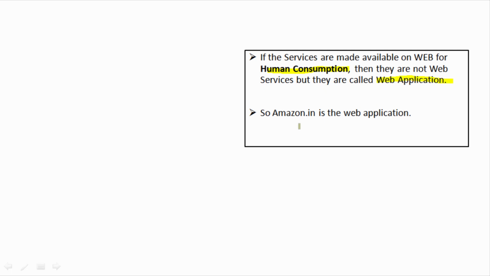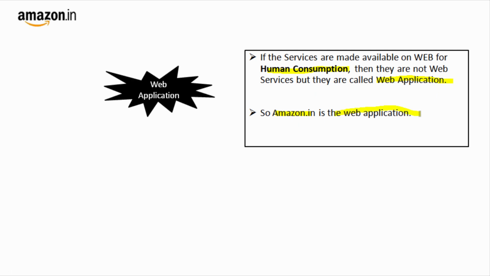So Amazon.com or Amazon.in is a web application, not a web service, because the key word here is whose consumption you are making these services for. If it is for humans just like you and me, sitting behind computers and trying to access these services, then these are web applications, not web services.